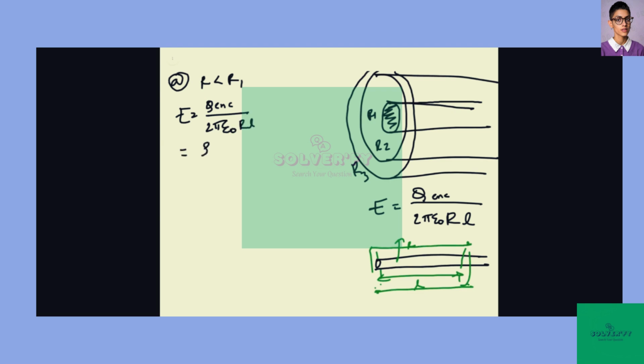Now, Q enclosed is simply the charge density times the volume, and the volume is simply pi r squared L, divided by 2 pi epsilon naught rL, giving us rho r by 2 epsilon naught. And remember that the charge densities in both the cases are the same.